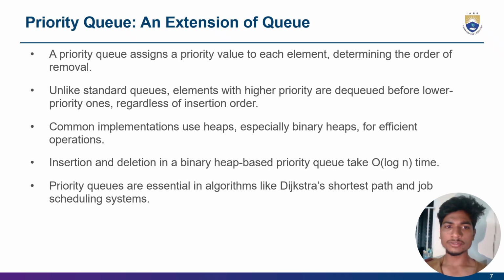Common implementations use heaps, especially binary heaps, for efficient operations. Insertion and deletion in a binary heap-based priority queue take O(log n) time. Priority queues are essential in algorithms like Dijkstra's shortest path and job scheduling systems.